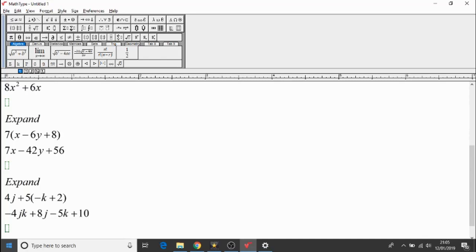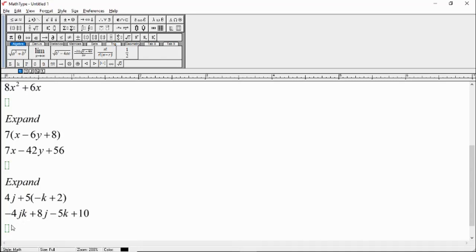See, the reason why you'd write it as minus 4jk instead of 4kj is because you're meant to write your terms in alphabetical order. As you can see, j is higher up in the alphabet than k, which is why you'd write it as 4jk instead of 4kj.